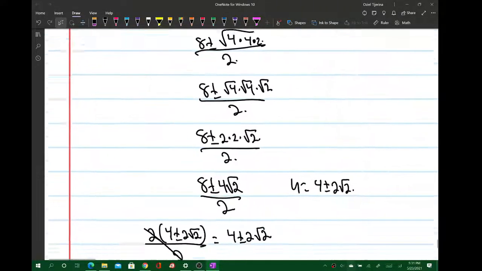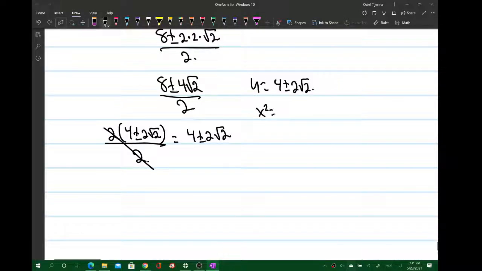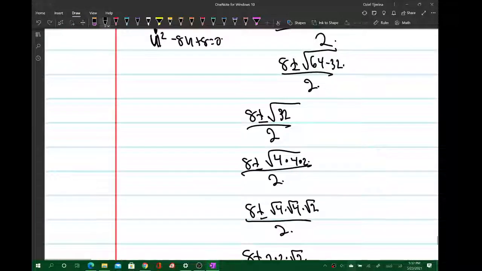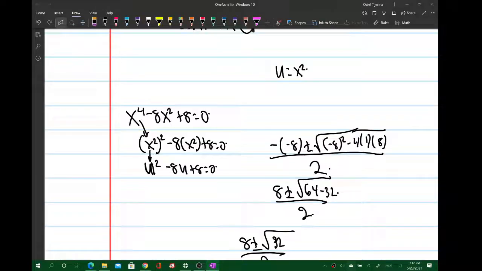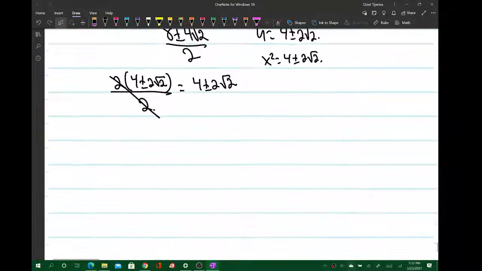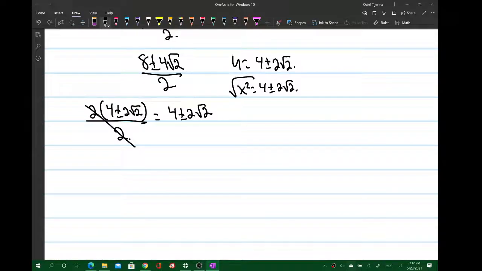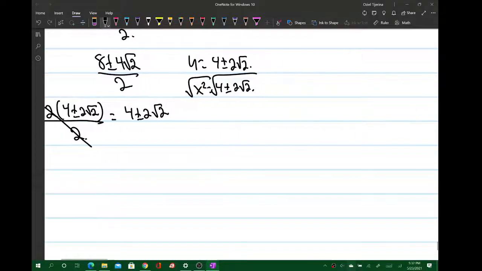So x squared equals 4 plus or minus 2 square root 2, because remember, we said that u is equal to x squared, right? So we have to take the square root of both sides. This gives us x equals plus or minus the square root of 4 plus or minus 2 square root 2, right?